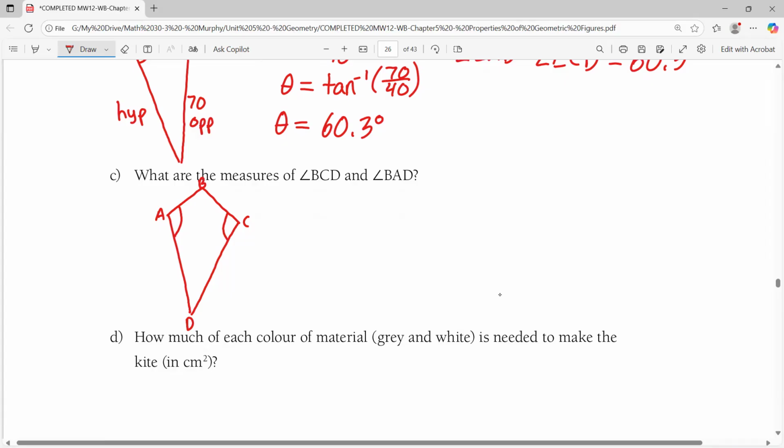Now, we already know that half of this, we just figured it out, is 60.3. And we know these ones up here. We figured out that these are 45, which would mean this side is also 45.